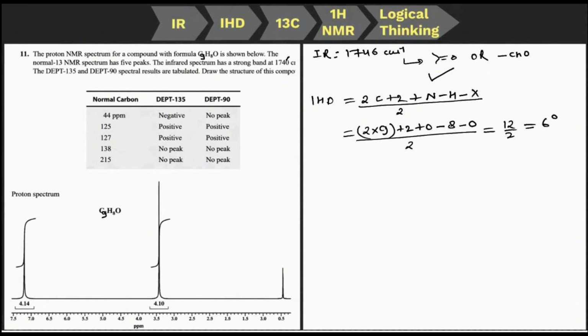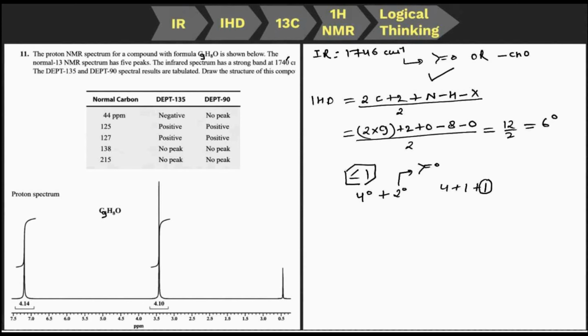This means the compound has one benzene ring, which contributes 4 degrees of unsaturation. How many are left? 2 degrees of unsaturation left. 1 degree of unsaturation you can assign to the keto group, as we can see from the IR data. So now 4 plus 1 plus 1. So 1 degree of unsaturation is left.